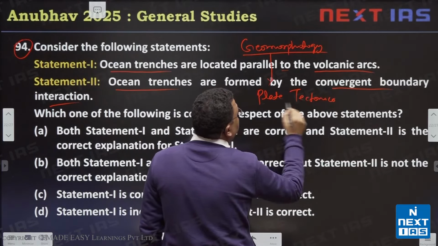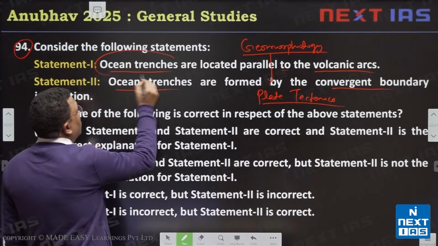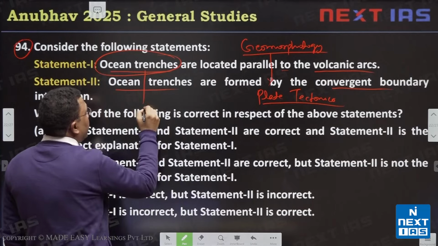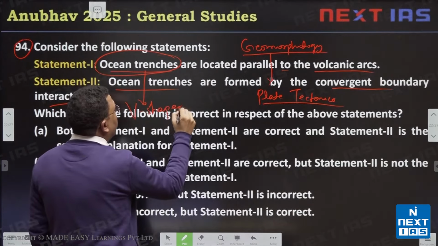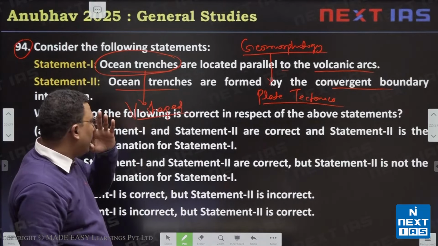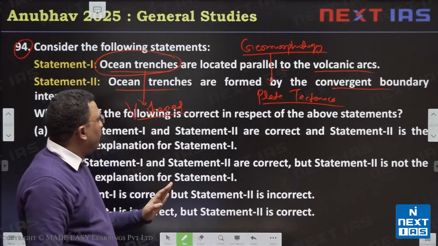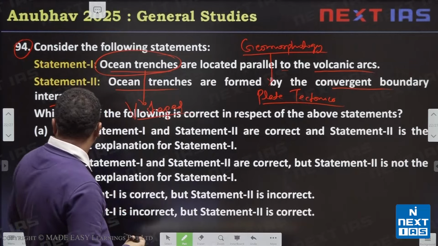Plate tectonics, right? So first of all, let's understand what are ocean trenches. Ocean trenches are basically V-shaped depressions on the ocean floor, right? So in order to understand this question, we will have to understand how ocean trenches are formed, right?